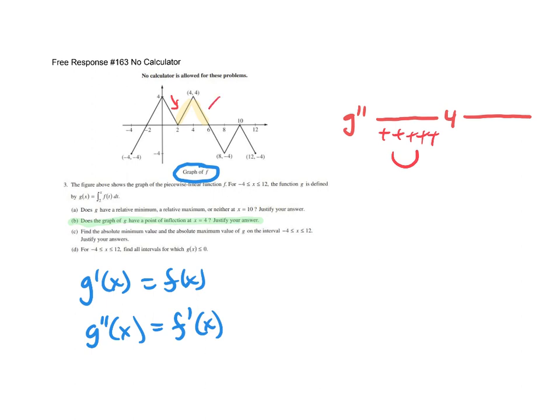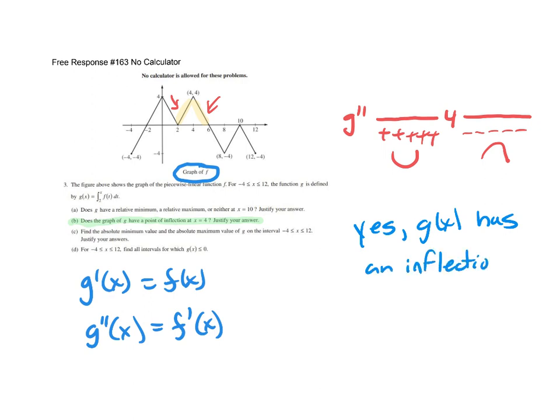And over here, the slope of f is negative. That means the second derivative is negative, and that means we're concave down. That tells me that, yes, I do have an inflection point. G of x has an inflection point at x equals 4.